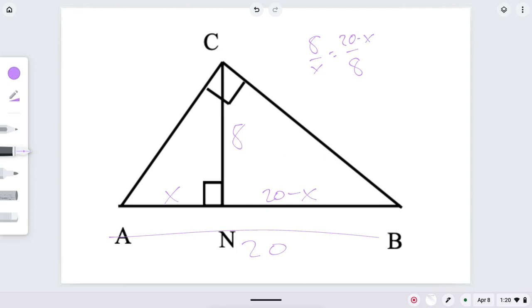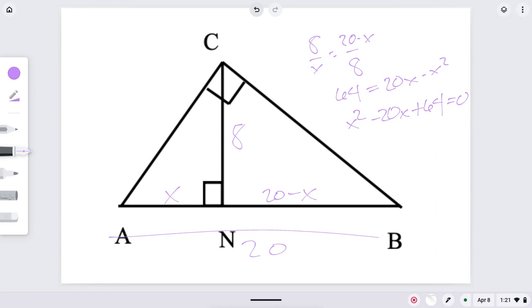So it just changes the way that you solve things, because you're going to end up with 64 equals 20x minus x squared. So get that all on the same side. I'm going to move it all to the left so I can have a positive x squared minus 20x plus 64 equals 0.